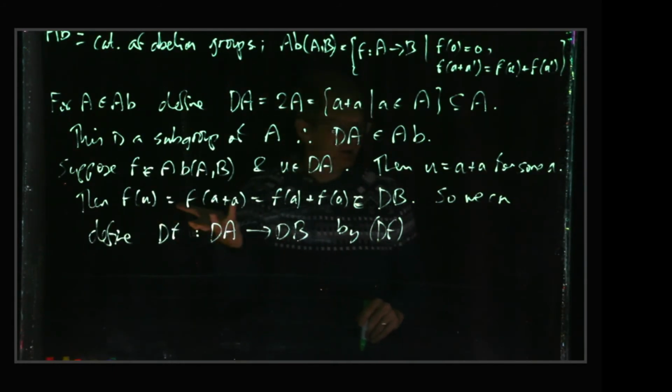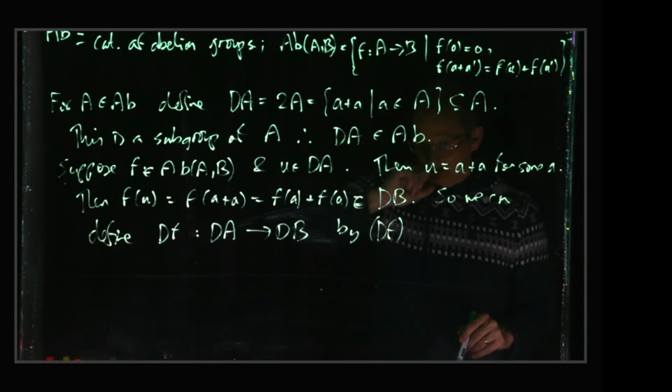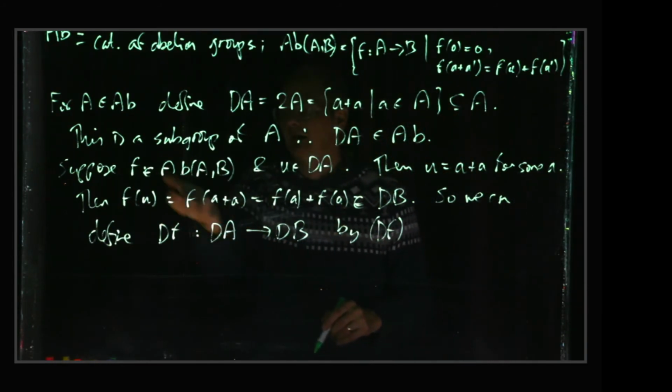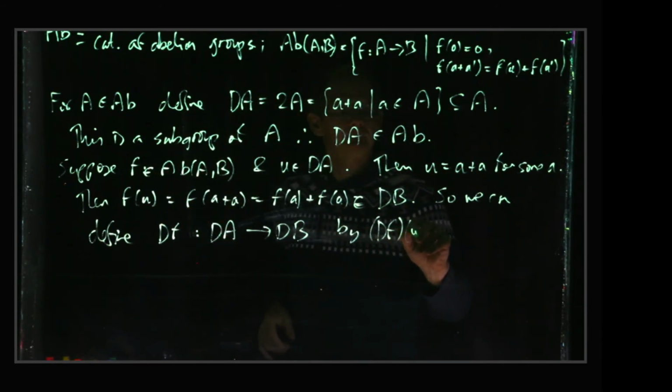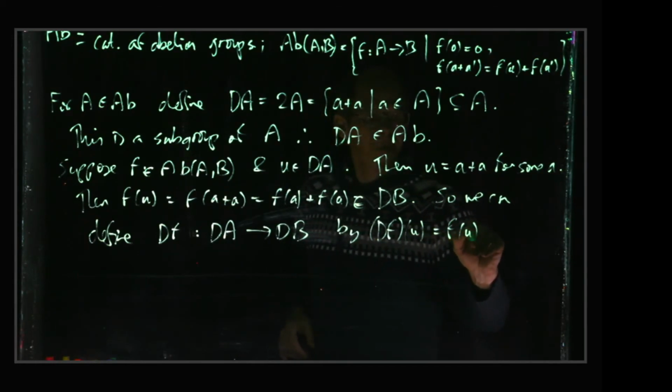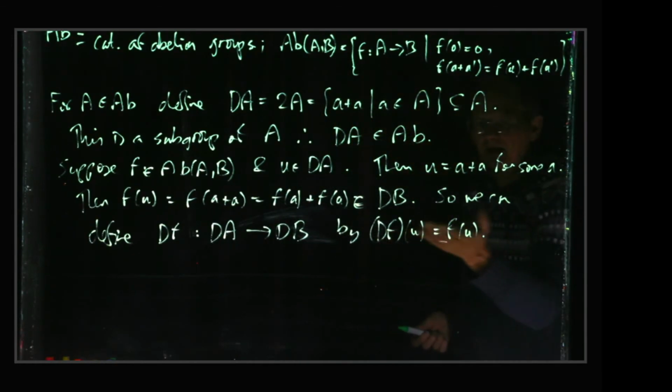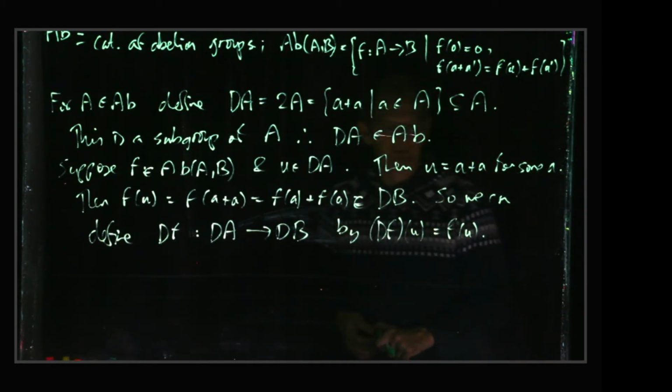So we can define D(f) from D(A) to D(B) just by restricting the original map f. So D(f)(u) is just the same thing as f(u).